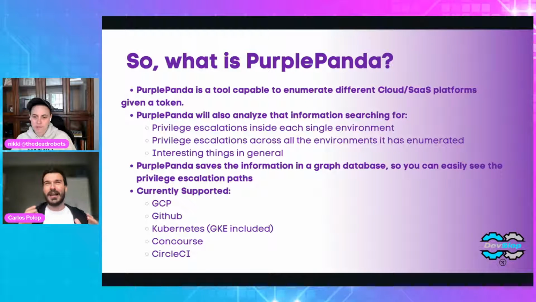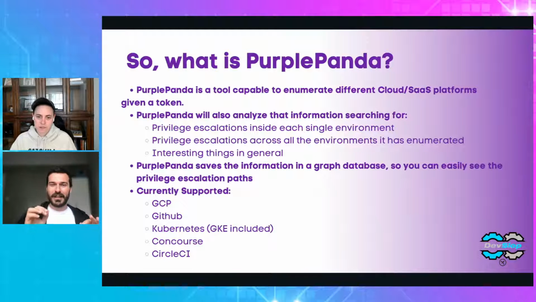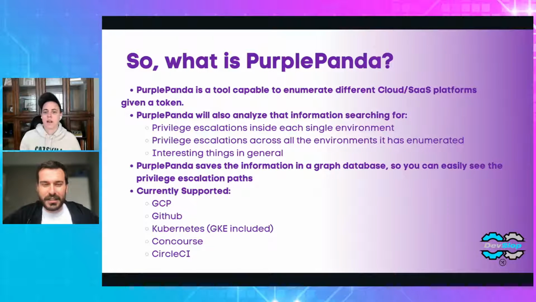If you need to enumerate everything in GCP manually, then go to GitHub, enumerate which can access what, then find out who can, doing that manually is horrible. And doing this with PurplePanda, you just execute it, leave it run for a couple of hours, and you're going to be able to see how you can go from one application, from one platform, to another. And I think that is amazing.